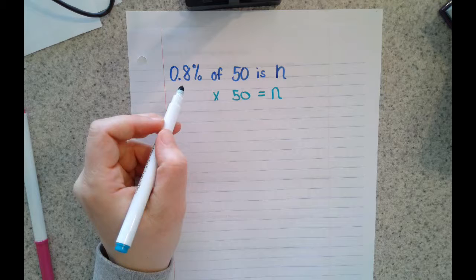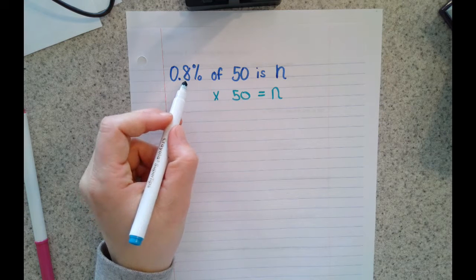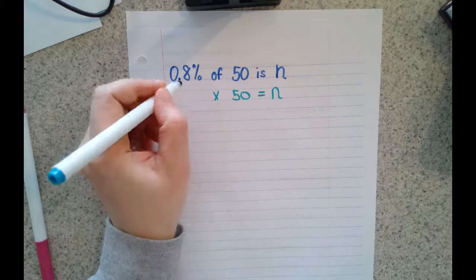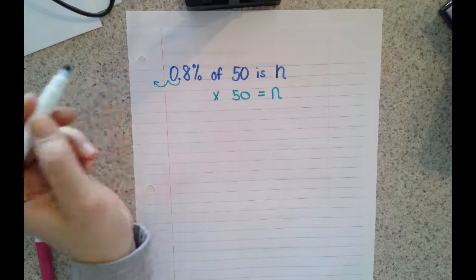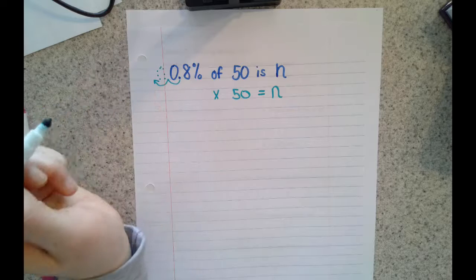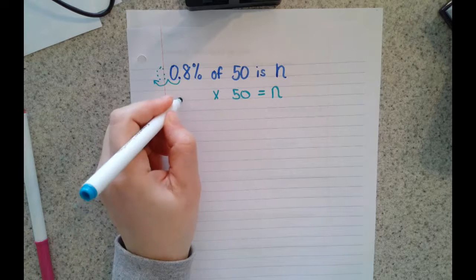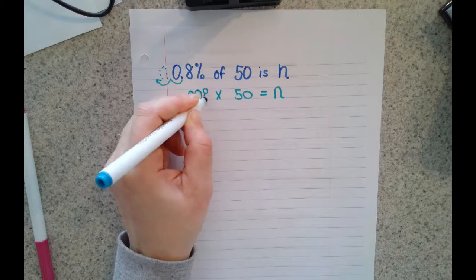Okay, but before I drop the 0.8% down, I need to change this to a decimal number. To go from a percent to a decimal, you have to slide the decimal point 2 spaces left. So I'll fill in this hole with an additional 0. 0.8% as a decimal is 0.008.